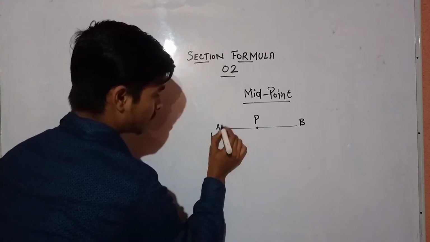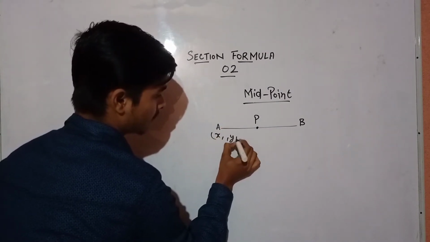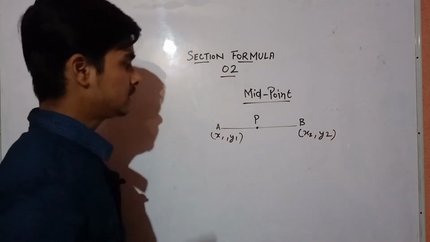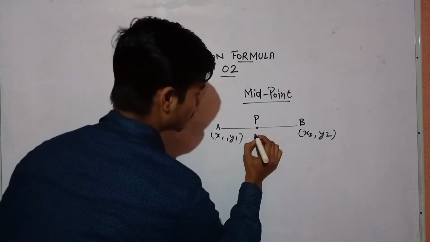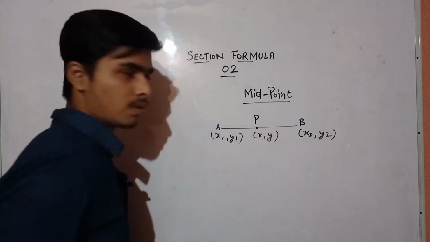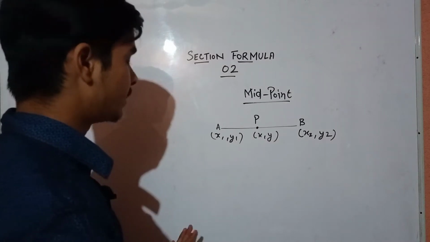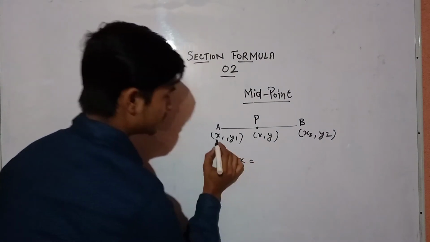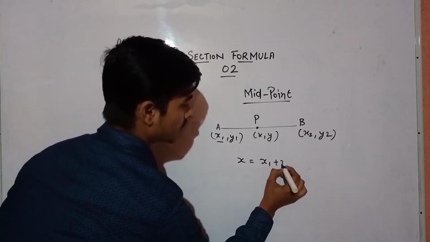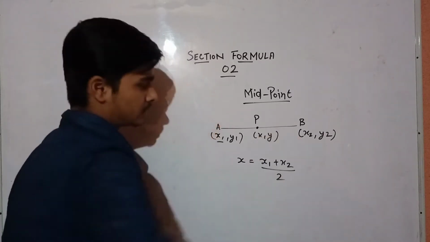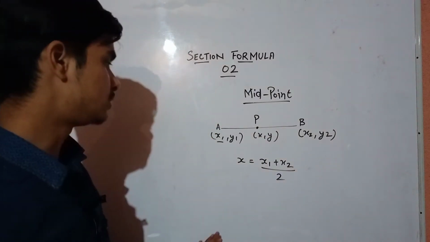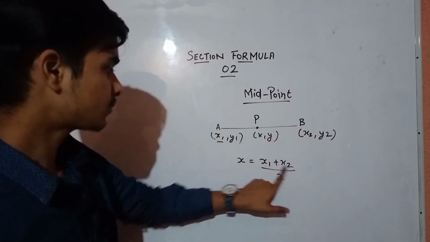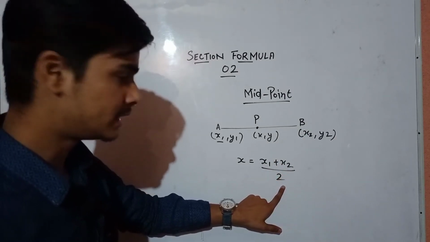Let me call the coordinate of this point x1 comma y1 and the coordinate of this point x2 comma y2, and suppose this middle point has coordinate x comma y. Now how are we going to find the coordinate of this point? To find the x coordinate we just sum the x coordinates of the points and divide by 2. Take the x coordinate of point A and the x coordinate of point B, do the sum and divide it by 2.